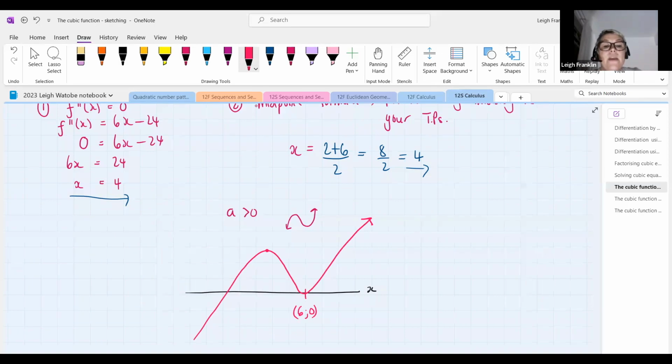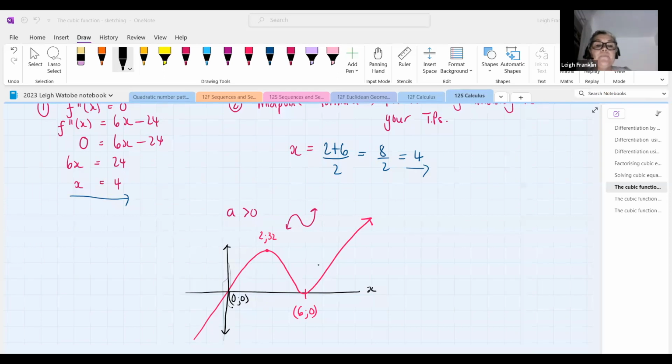This point over here is the point 2 and 32, which we know is in the first quadrant. The graph has another x-intercept at the origin and its y-intercept at the origin. So that means that that point over there has to go through over there. So that would be 0 and 0. That's what your graph would look like.